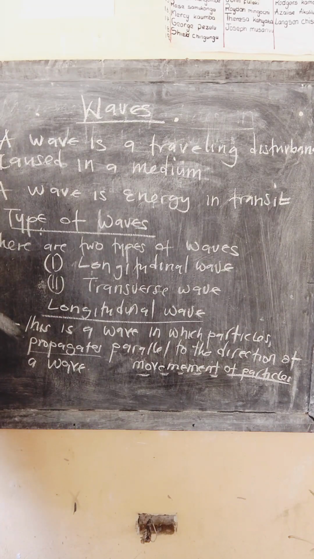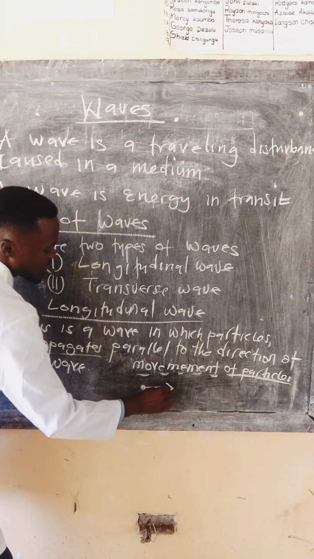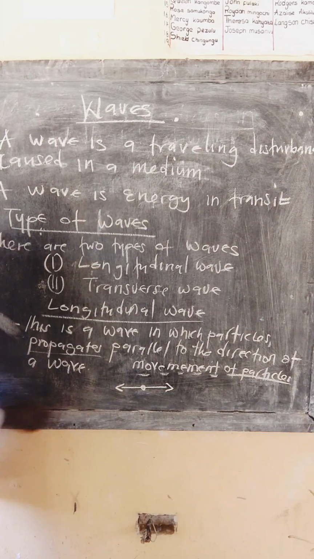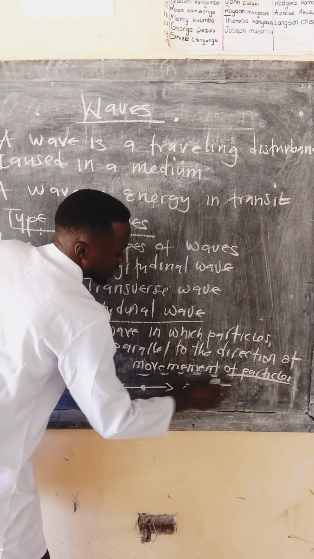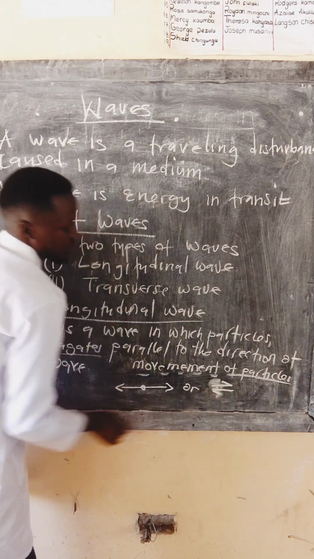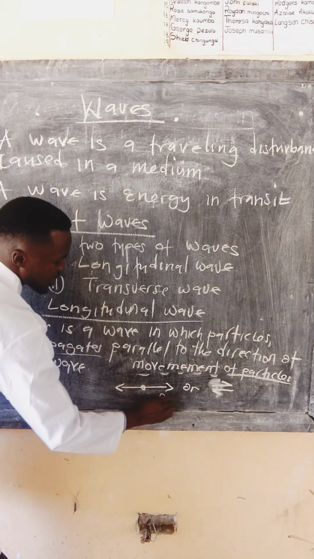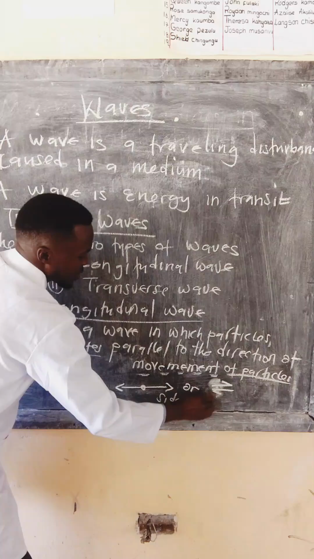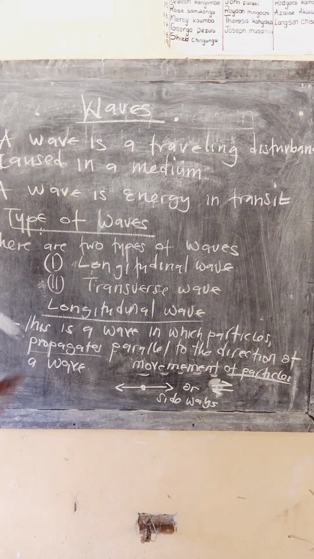The way these particles move, if you have a particle there, it will move in this direction, back and forth, or they can be in this format. So it's always back and forth. So this is the movement in the direction of the wave. This is how particles move when it comes to a longitudinal wave.